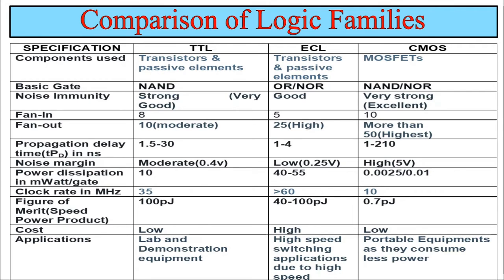Then the comparison is in between the components used. In case of TTL, the transistors and passive elements are used during the fabrication. In ECL, transistors and passive elements such as resistors are used for the fabrication, and in case of CMOS, the MOSFET, that is metal oxide semiconductor field effect transistors, are used for the fabrication.